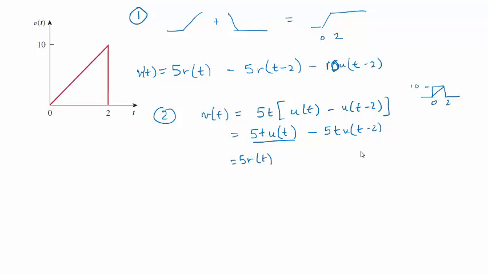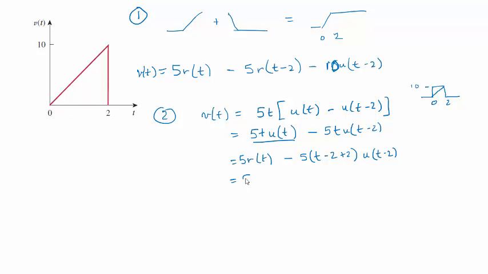So I cannot call that a ramp. So we're going to play a little trick here. And I'm going to have 5t minus 2 plus 2. So that is still 5t, correct? And I still have u of t minus 2 here, a step at t minus 2.